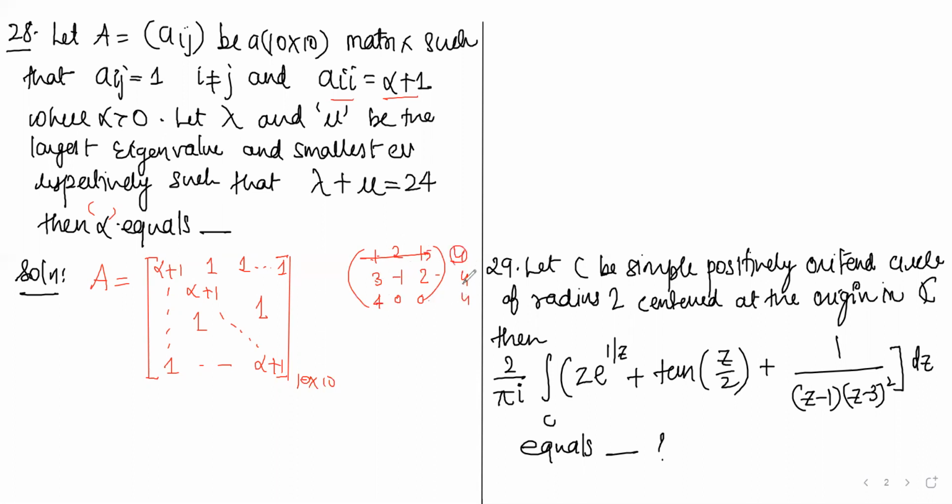That means 4 is one of the eigenvalues. So if you look at this matrix very closely, alpha plus 1 plus 1 plus 1 and so on will be one of the eigenvalues. But that will create a problem because we won't be able to find the remaining eigenvalues.